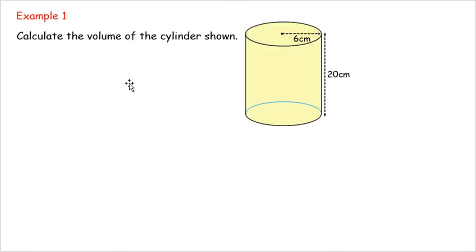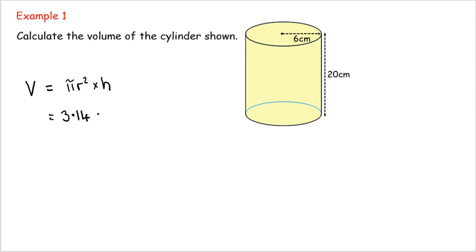Okay, so example 1, calculate the volume of the cylinder shown. Because it's a cylinder, what I'm going to do first of all is write down the formula. Volume is equal to pi r squared multiplied by my height, pi r squared h. Next I'm going to input all the values for each of these numbers. So pi, I'm going to use 3.14, and I'll always use 3.14 for pi for the foreseeable future.